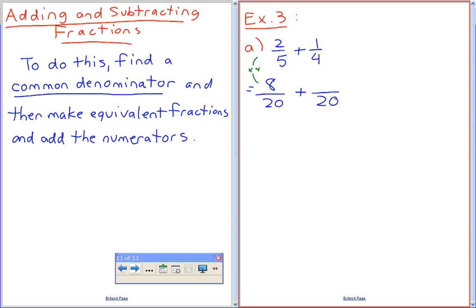The numerator got multiplied by 4, the denominator got multiplied by 4. Well, whatever you multiply the denominator by, the numerator is multiplied by the same thing, right? So 5 and 4 end up being 20, right? So because I multiplied 5 by 4, the denominator gets 20. And then you did 4 times 5? Yeah, on the other side, 4 times 5. But then I multiplied the numerator 2 times 4.